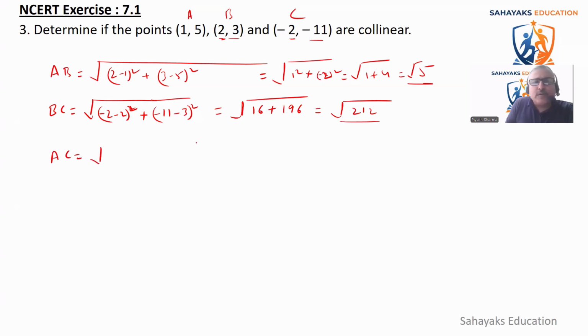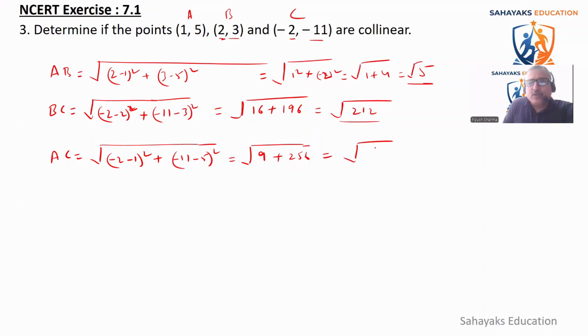So AC is equal to square root of minus 2 minus 1 whole square plus minus 11 minus 5 whole square. So it comes out to be square root of 9 plus 16 square, which is 256.